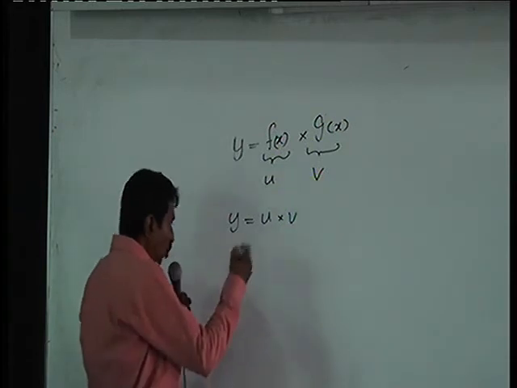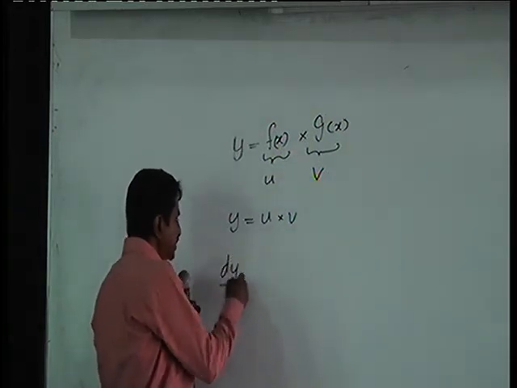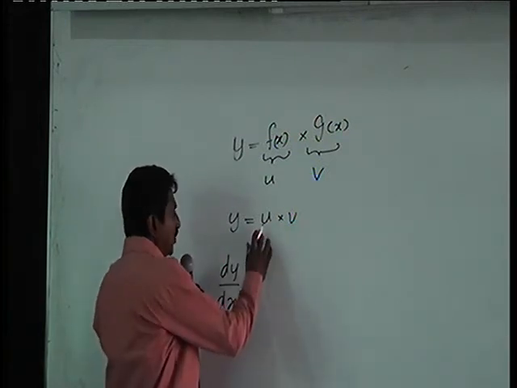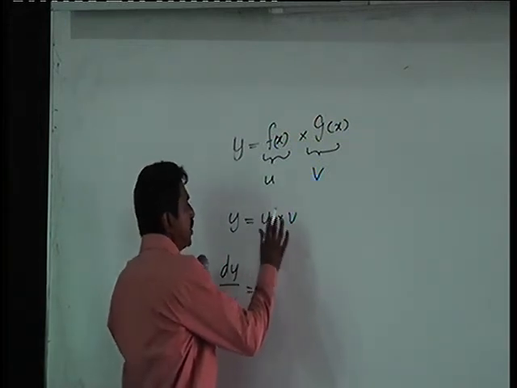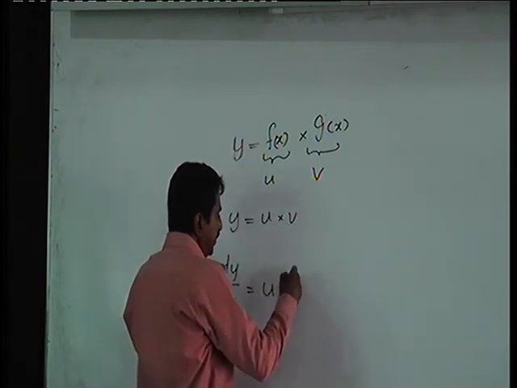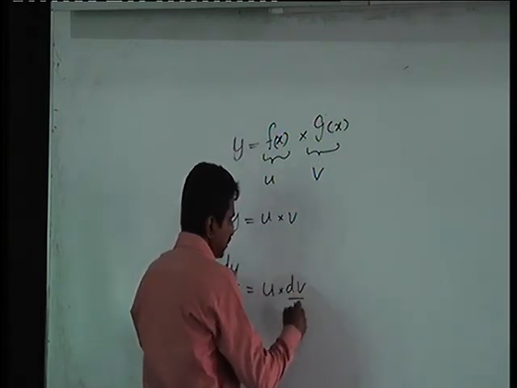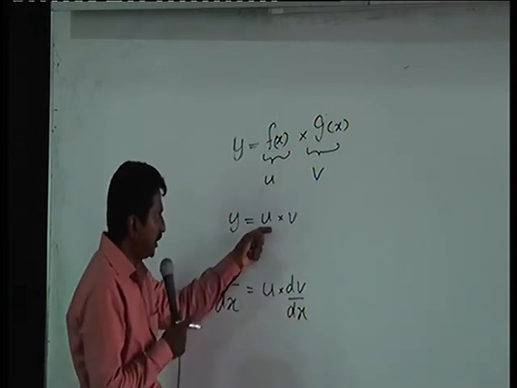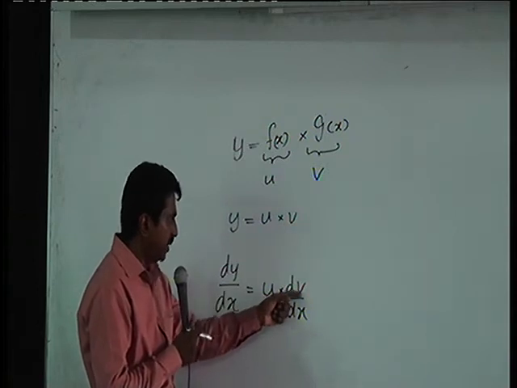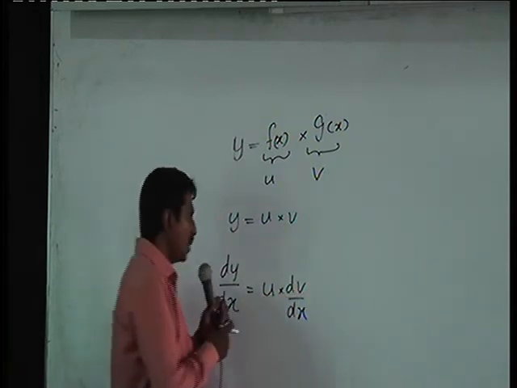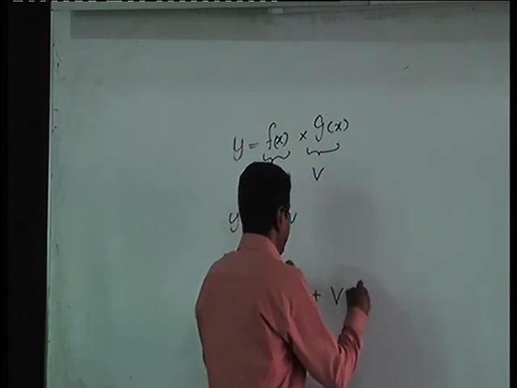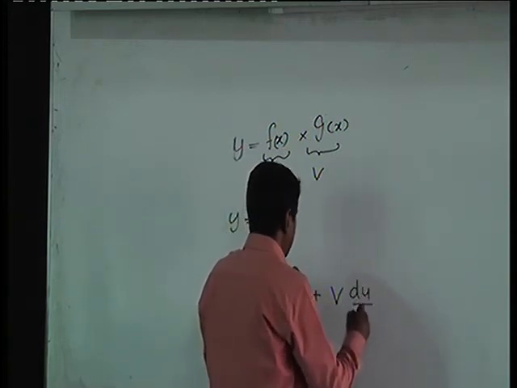So the rule is dy by dx equals first function times the differentiation of second function, so u times dv by dx, plus second function times the differentiation of first function.